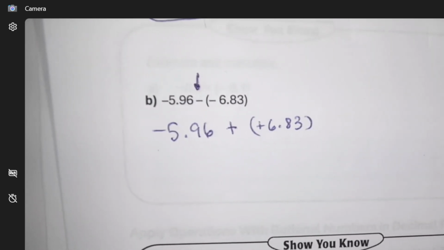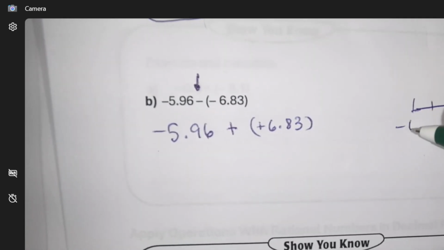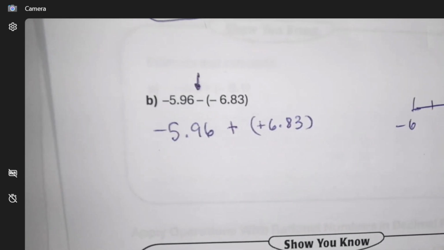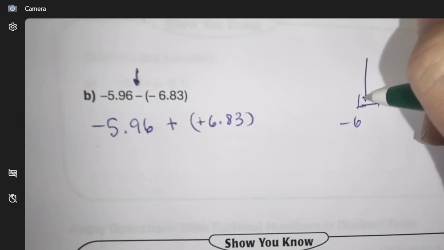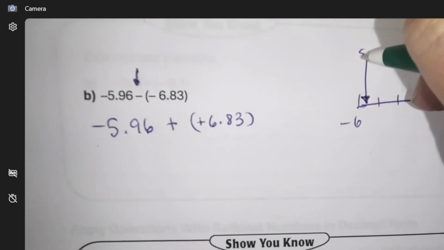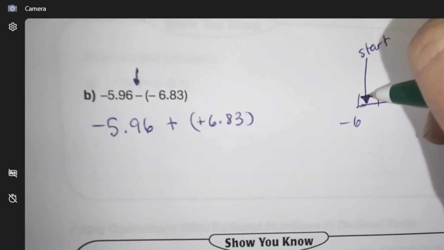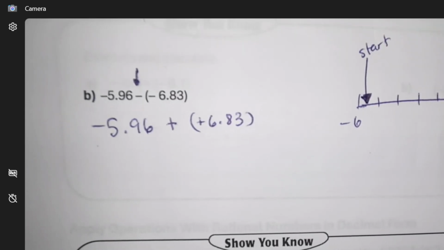Okay, so let's make a little bit of a number line here because we have to estimate. So I'm going to go 0, I'm going to go to -6. 1, 2, 3, 4, 5, 6. So here is my starter spot, really close to -6.